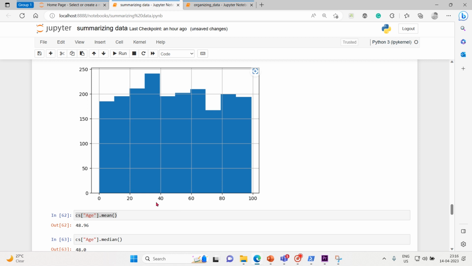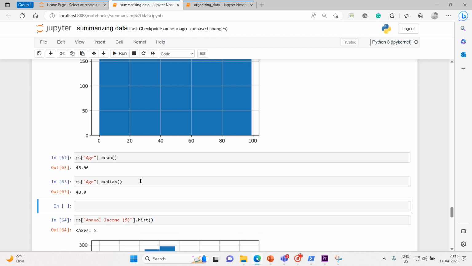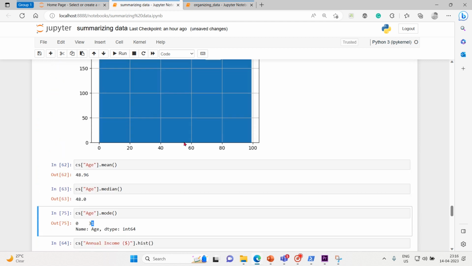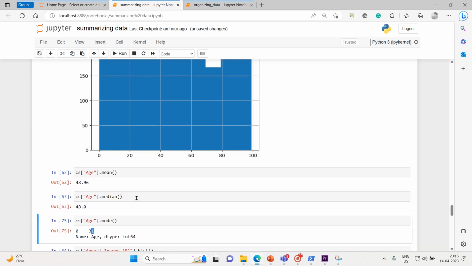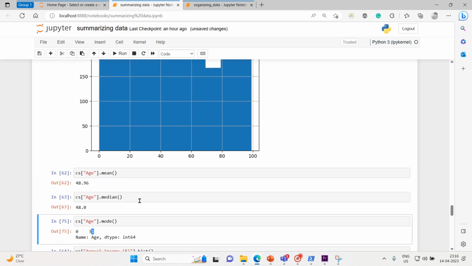Let me take one more, and let's find out what we get. This representation is slightly different. Age and mode. Yes, it's 31. You got only one. So 31 is the age, and here you can see again it's 31. The mode represents the central tendency of this data better than anything else.